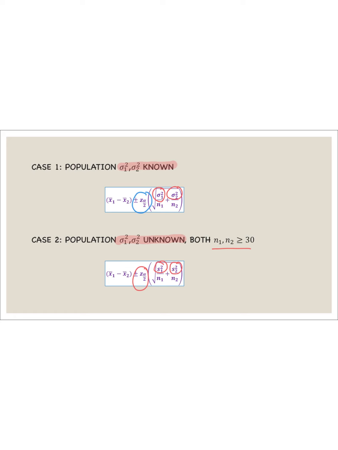So case number 1, population variance or standard deviation known. Case number 2, population variance or population standard deviation are unknown, but sample sizes are large, both greater than or equal to 30.